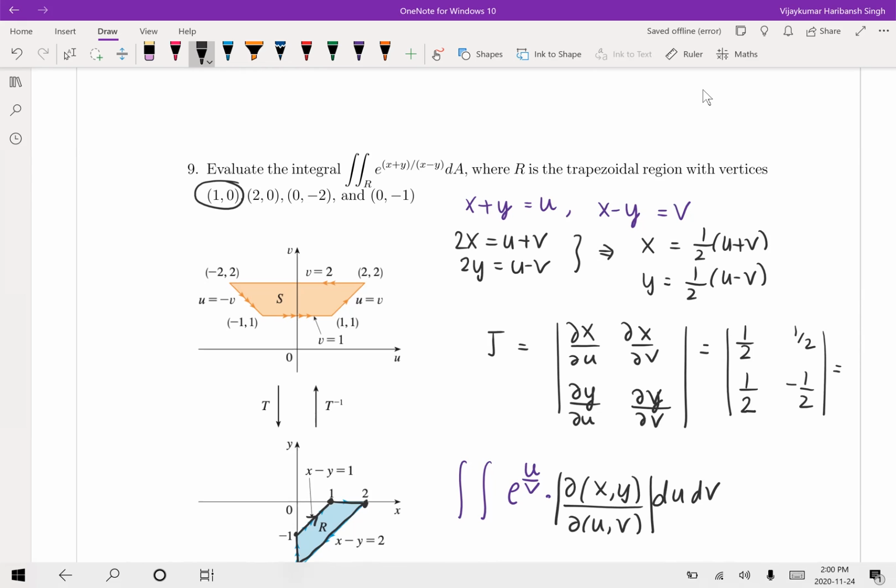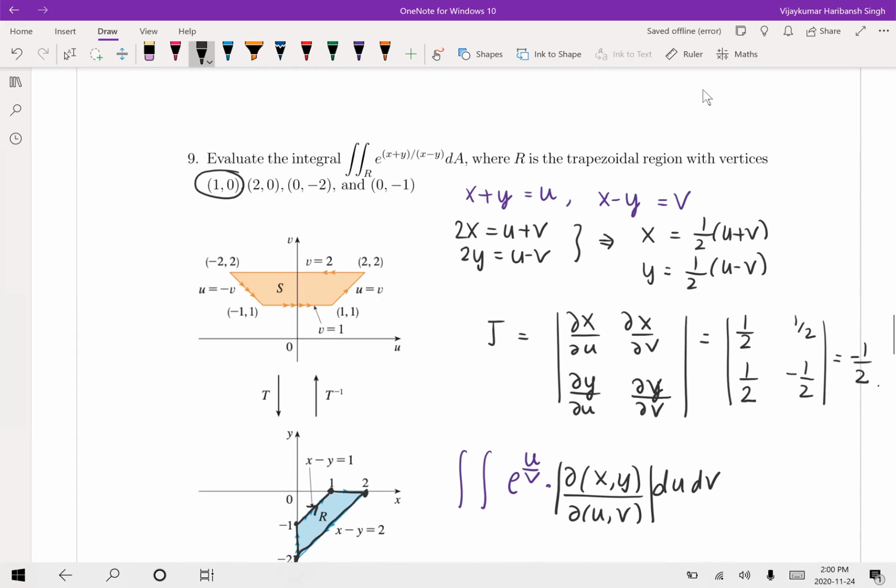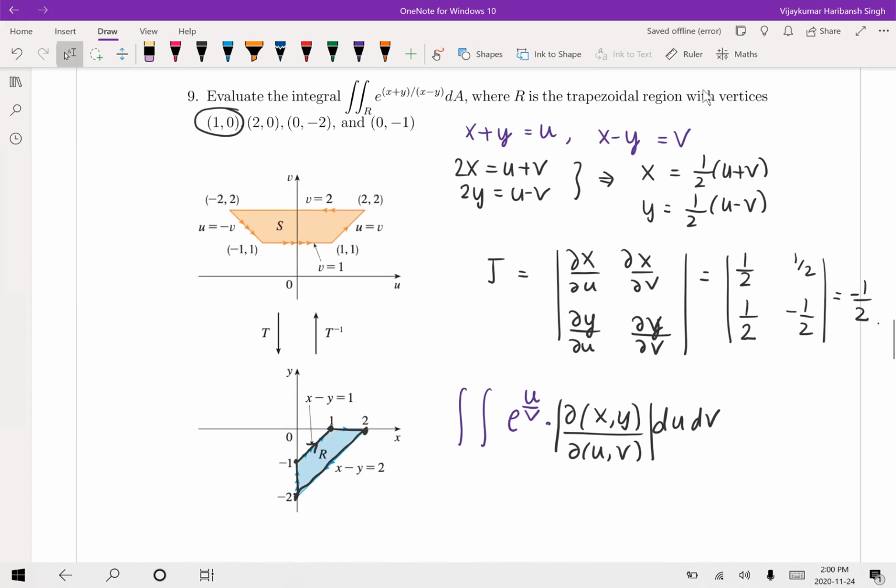When we multiply out, we get minus 1 by 2. So we got this to be half, and then we need to take the absolute value of that. But now we also need to find the bounds on our region. Okay, so let's find out what the bounds on my u and v are.